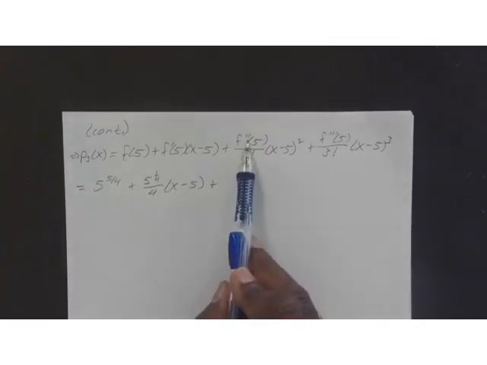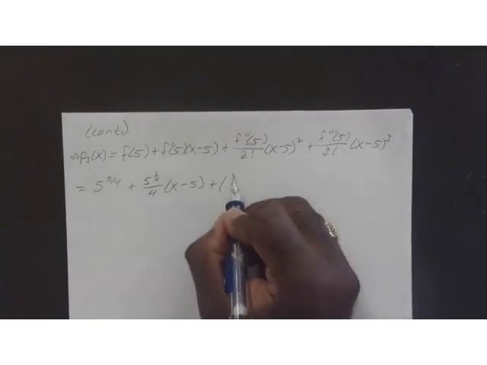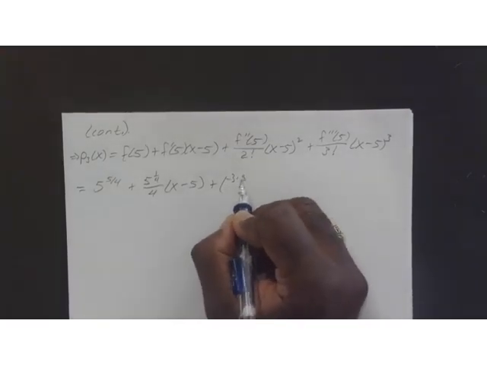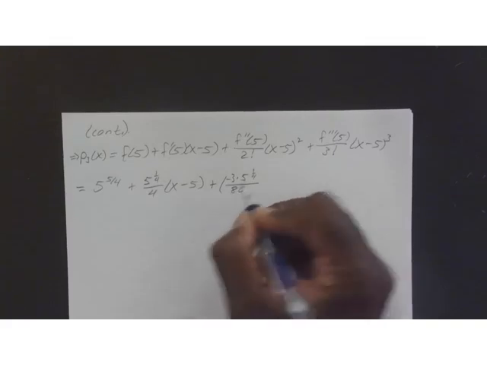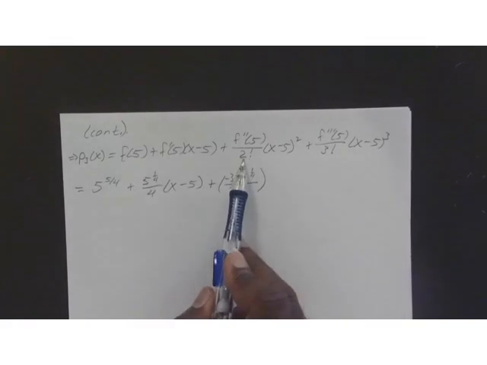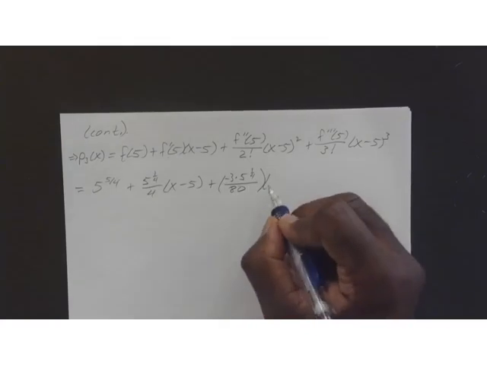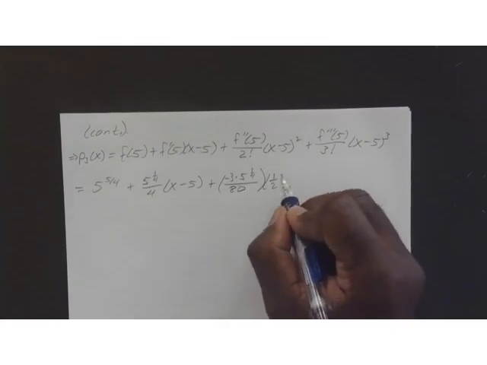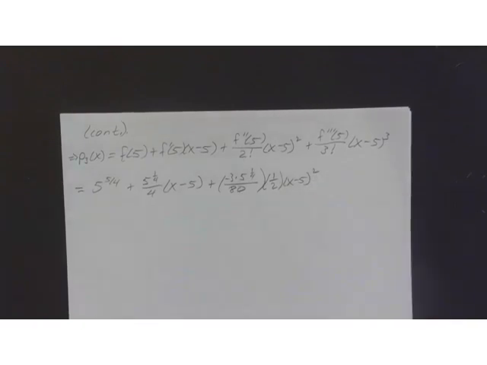Plus your second derivative at 5, which is -3 times 5 to the 1/4 power divided by 80, times 1 over 2 factorial, or you could divide that whole thing by 2 factorial, but I'll just multiply it by 1/2, times x minus 5 squared.